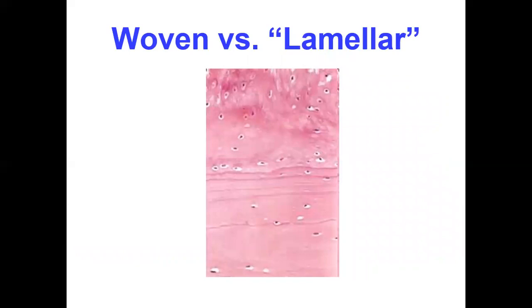So what is woven and lamellar bone? In the woven bone, the collagen is arranged haphazardly. And in lamellar bone, there is longitudinal arrangement of the collagen, and woven bone is easily fractured due to haphazard arrangement of the type 1 collagen.